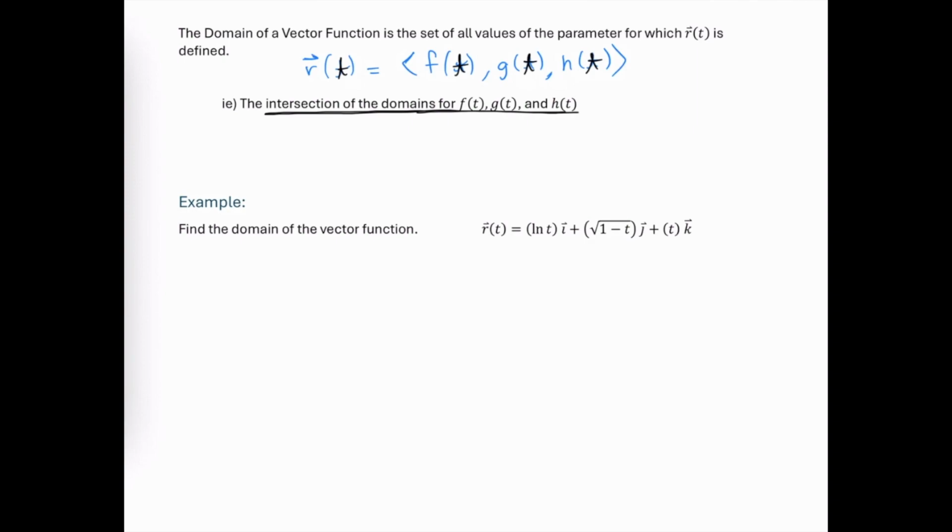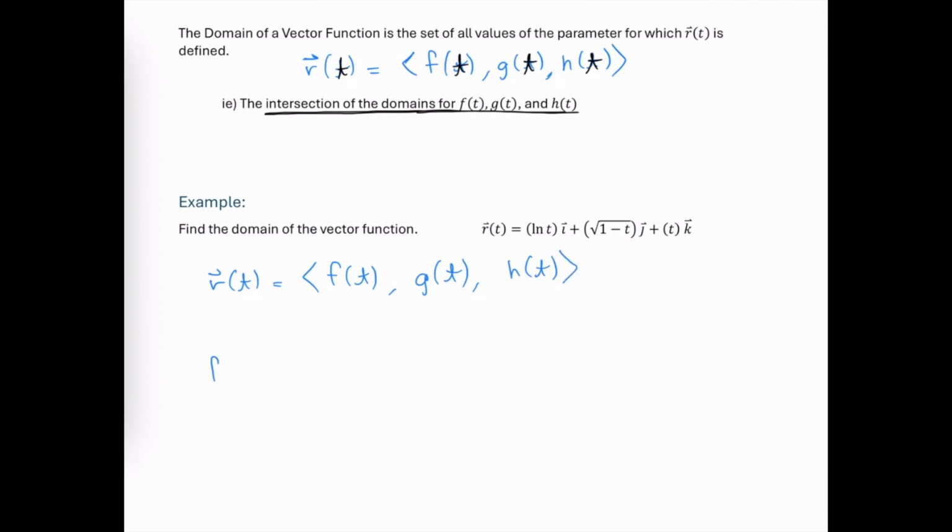So here we have a vector function with three components. So it's a three-dimensional vector function, and each of those components is a function of the parameter t. To generalize this, our vector function r of t has a function of t as the x component, a function of t as the y component, and a function of t as the z component.